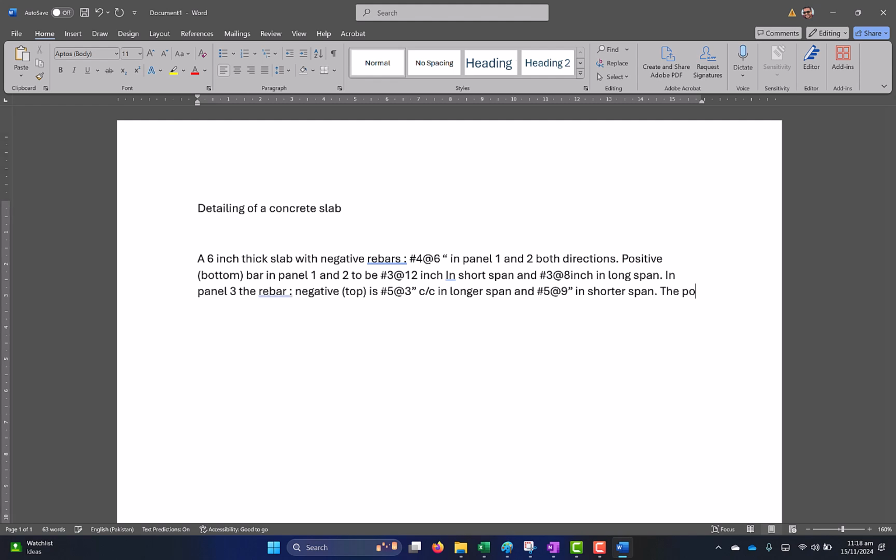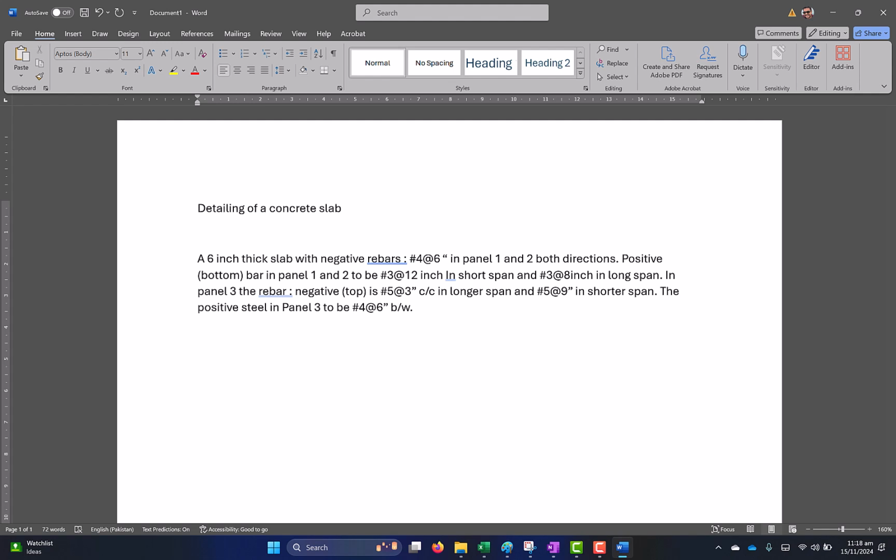The positive steel in panel 3 is to be number 4 at 6 inches BW. What would that mean? In detailing it's called both ways.